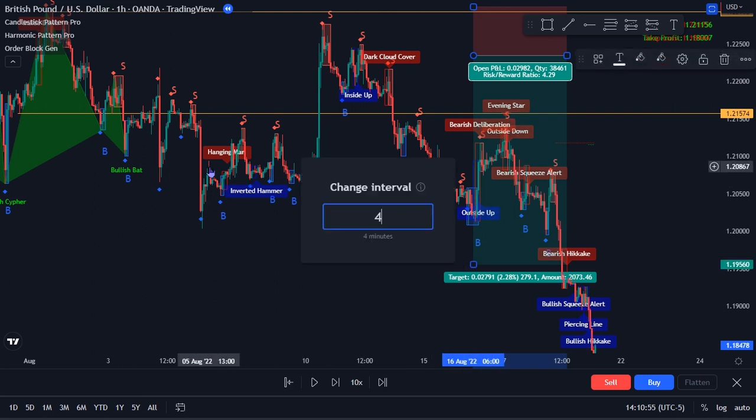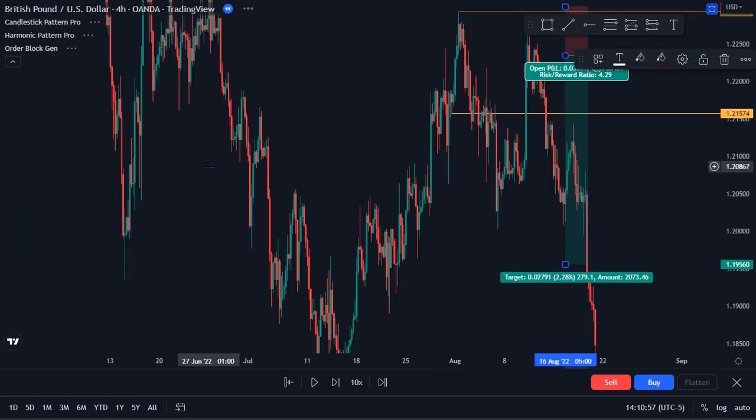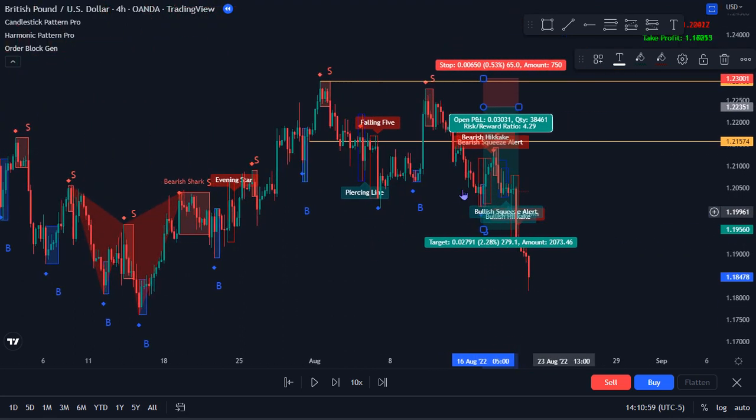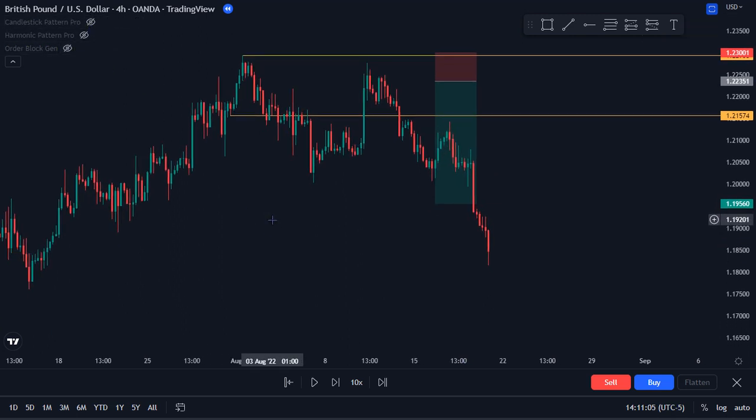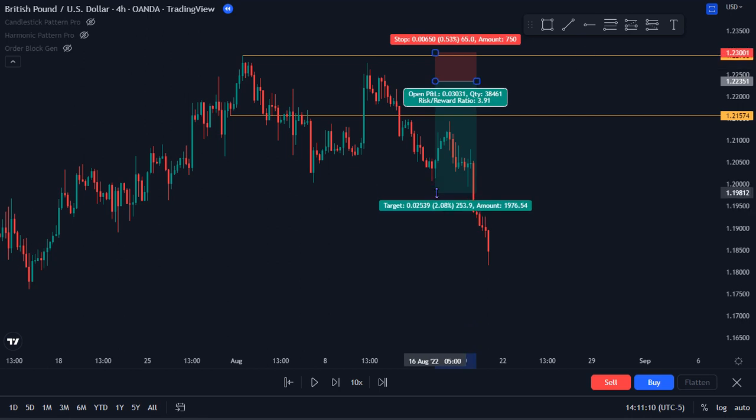Let's just do the 4-hour. Gotta take some of the clutter off here. Just to create a new lower low here. Looking at almost 4R, 3.9.